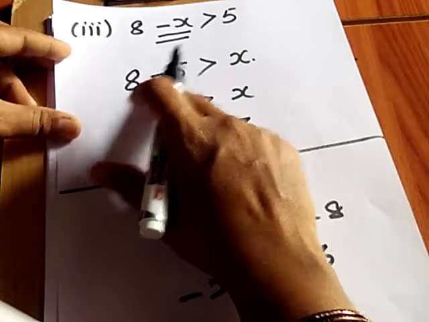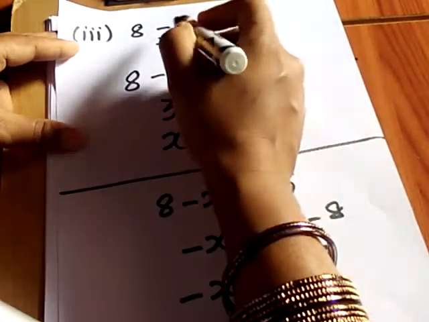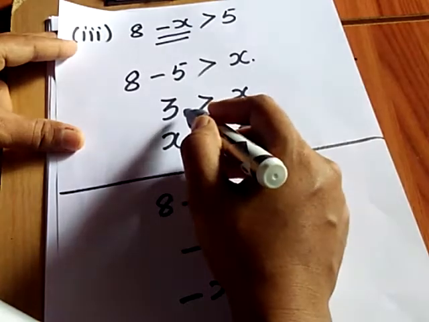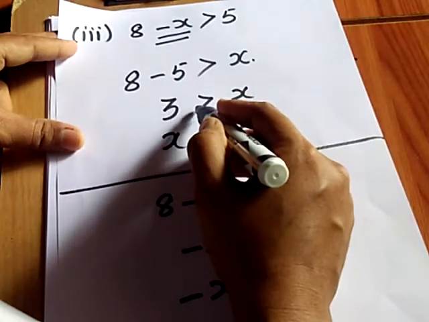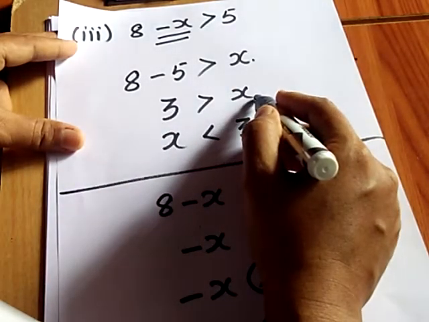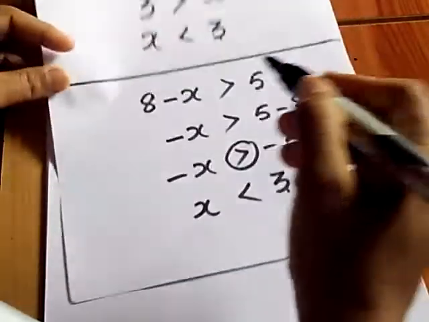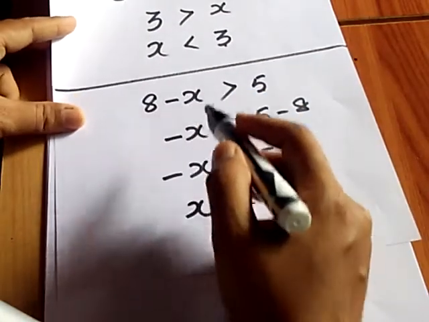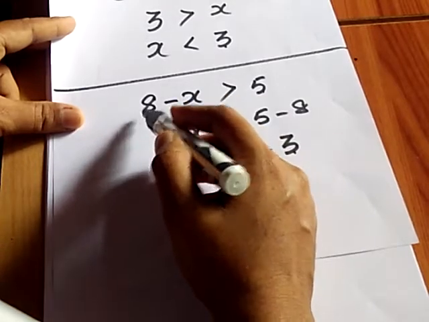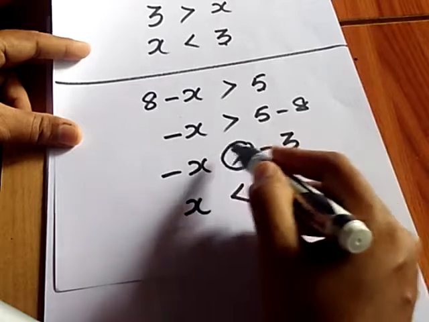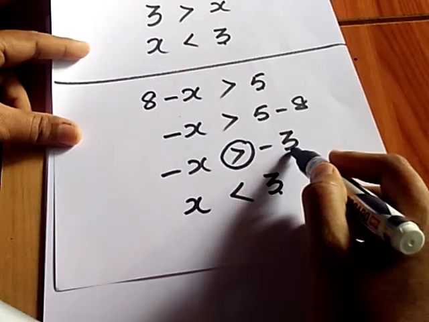8 minus 5 greater than x. Here minus x is shifted to the other hand side. So the solution is 3 is greater than x. It means x is less than 3. Alternate method, keeping minus x on the same hand side, 8 is shifted to the other hand side, hence it is minus x greater than minus 3.